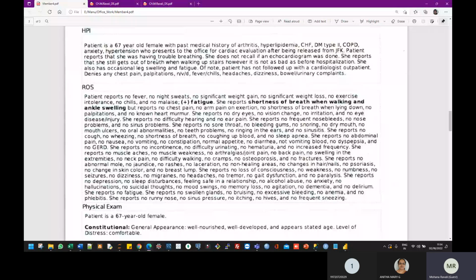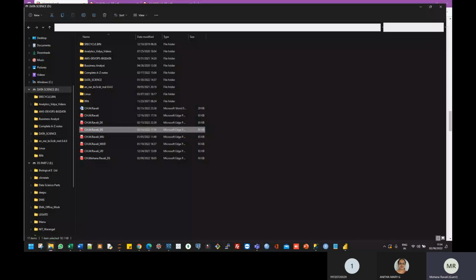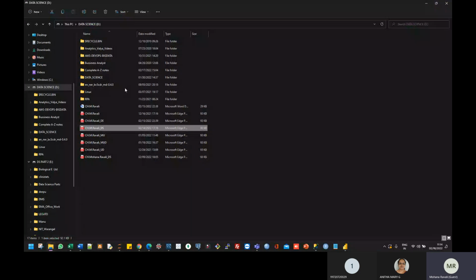Now this is my PDF, right? After doing whatever I told you, the negation logic, removing lowercase and removing the special characters, I'll show you the result PDF, how it is. This is the result.